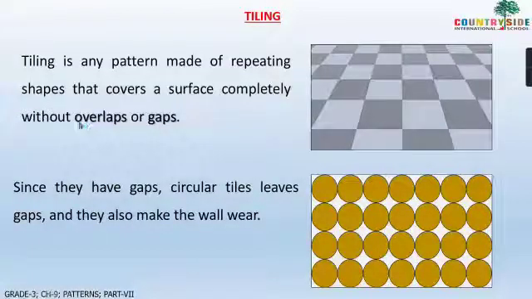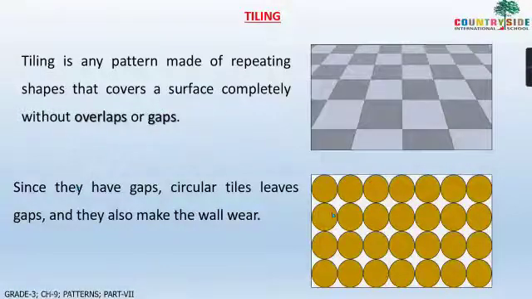Here, can you see when we are using squares, or you can also use rectangles, we are getting a surface that is completely covered without any overlaps or gaps. We cannot see any gaps in between these shapes. That is called tiling.